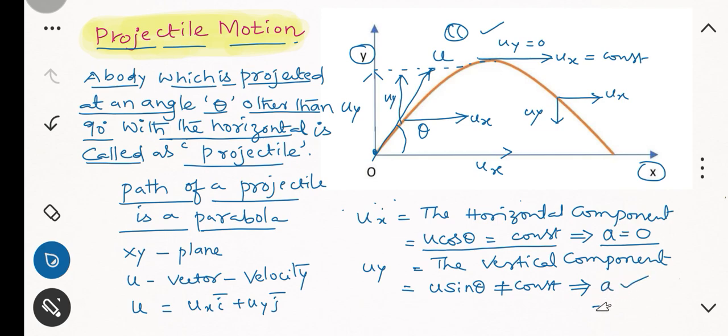This acceleration is equal to minus g along the vertical direction, and if the body is moving towards the ground, acceleration a is equal to plus g.